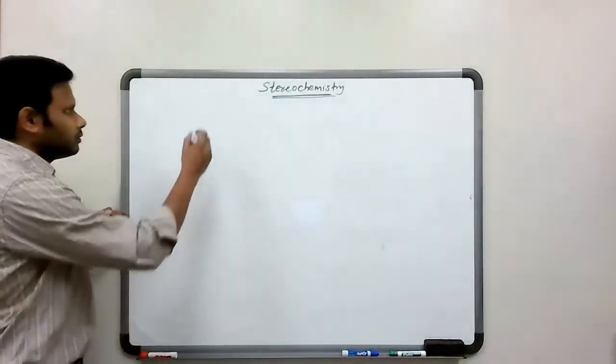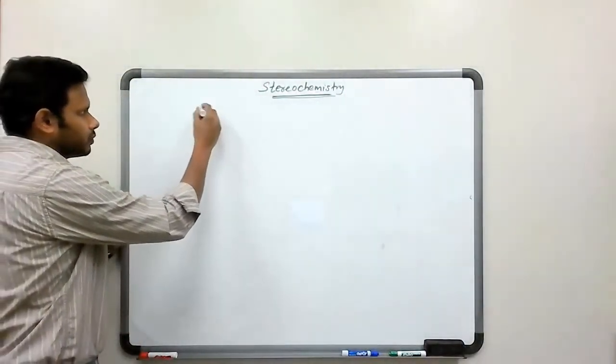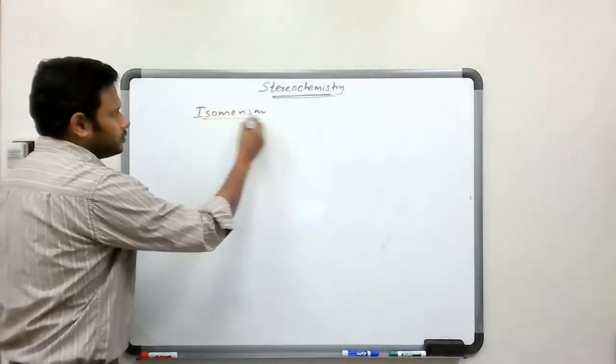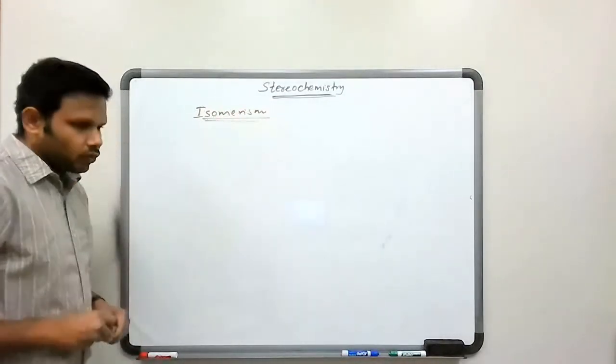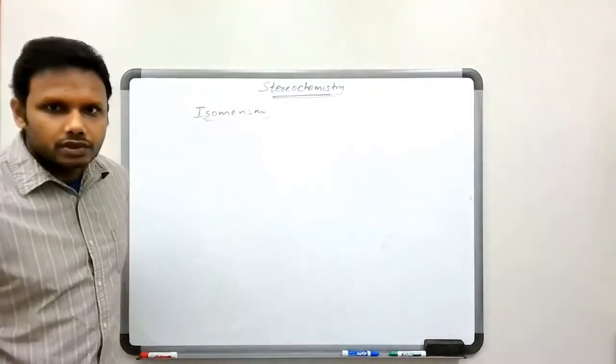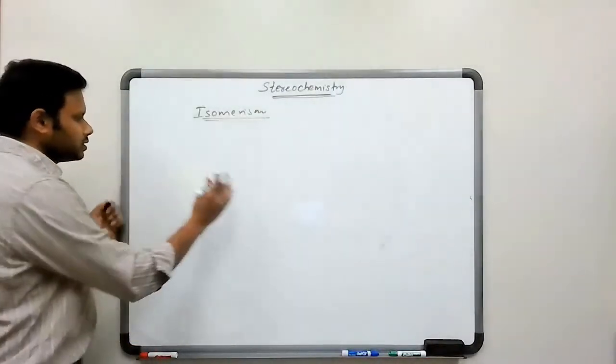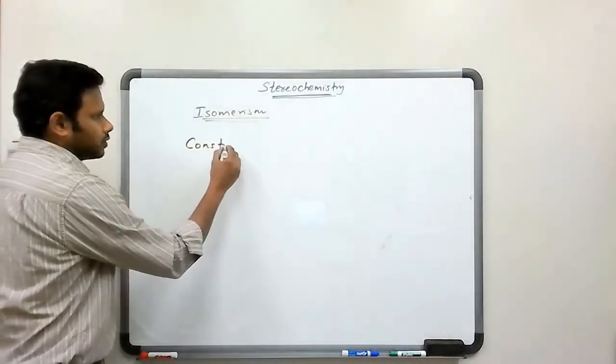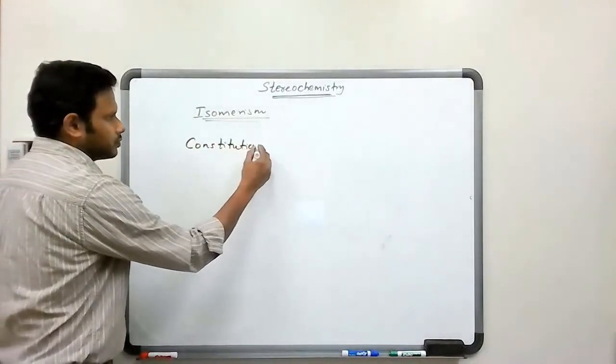So we've talked about isomerism before, and we know of one kind of isomers, which are called constitutional isomers.